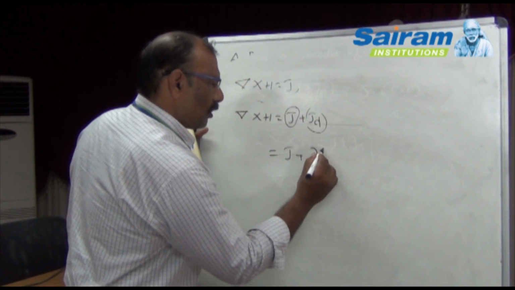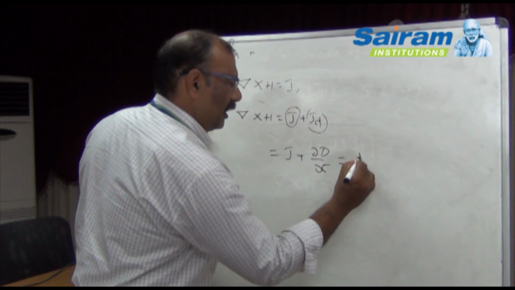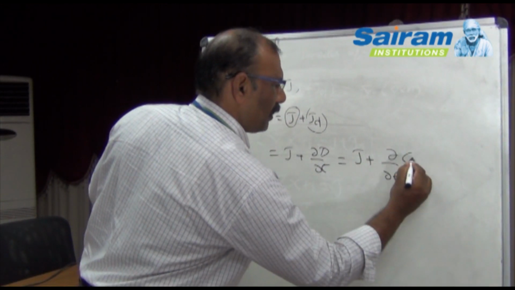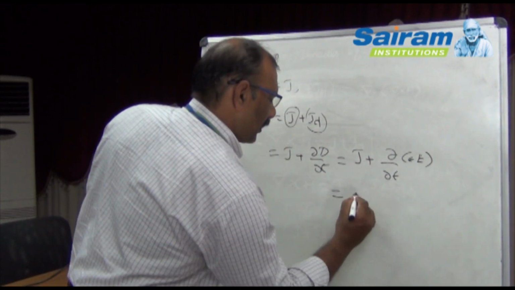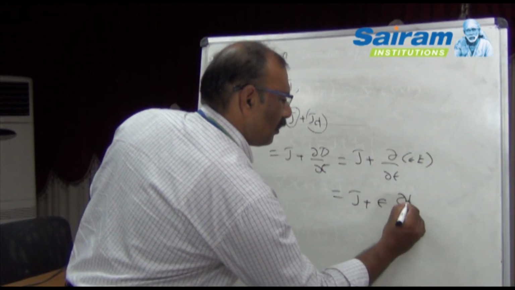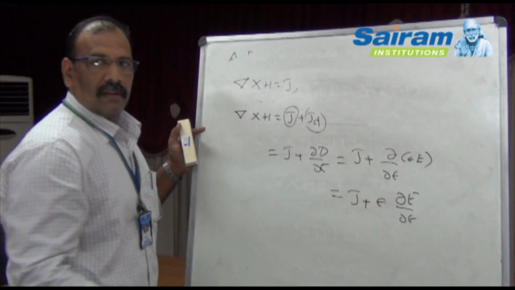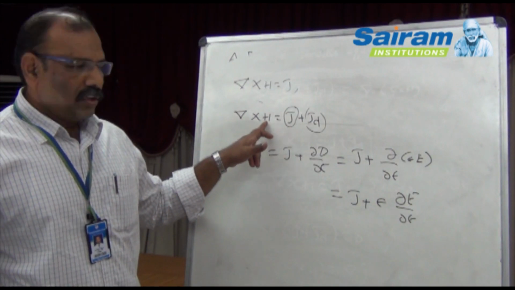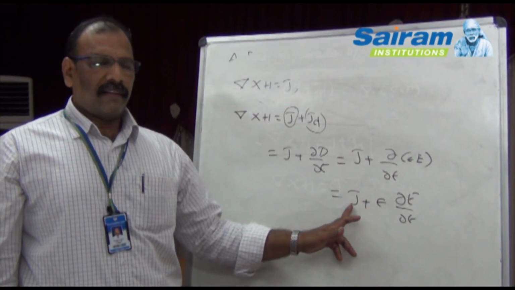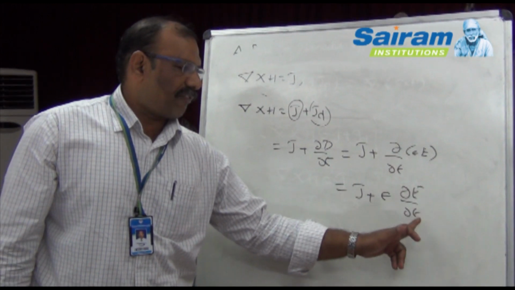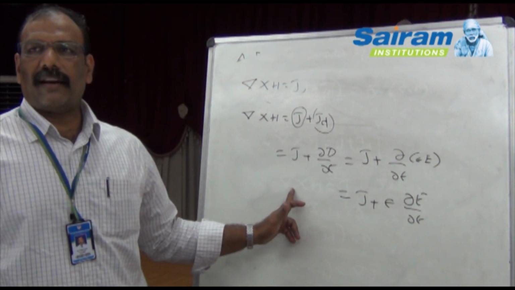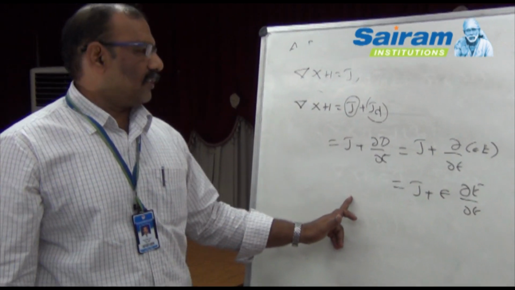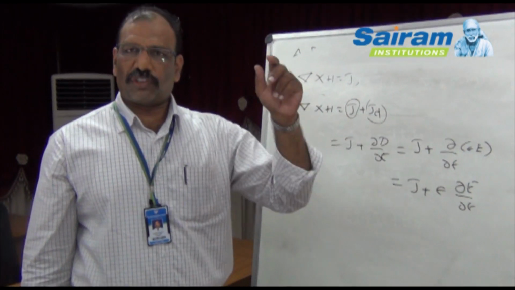So J plus dou D by dou T, which is J plus dou by dou T of epsilon E, which is J plus epsilon dou E by dou T. So according to Maxwell, the magnetic field is induced not only because of J, but a change in electric field also causes a magnetic field. That is the main contribution of Maxwell.